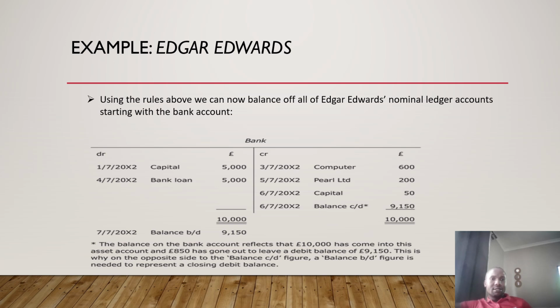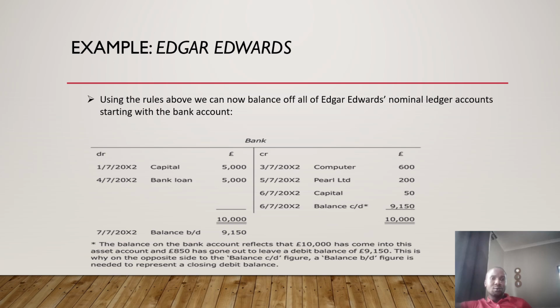This bank account had 2 transactions on the debit side, amounting to £10,000, while on the credit side, it only had 3 transactions, 600, 200, and then 50, which were adding up to only 850 pounds. So the debit side was the one with the larger amount.